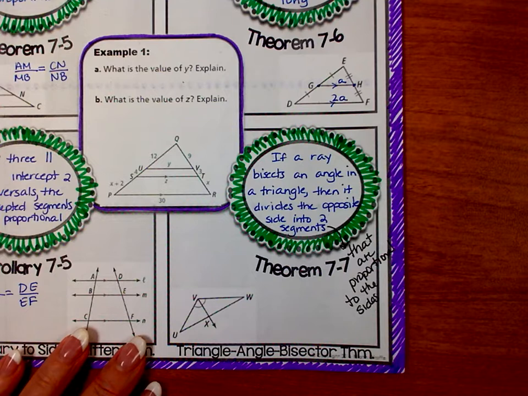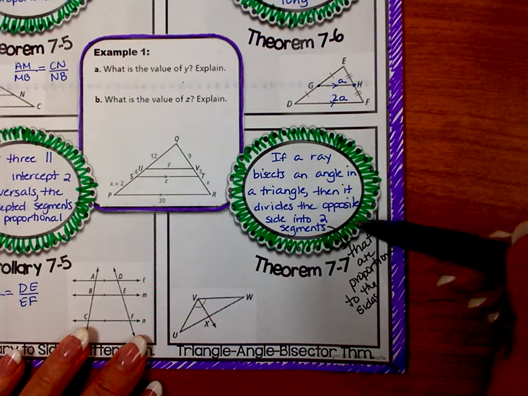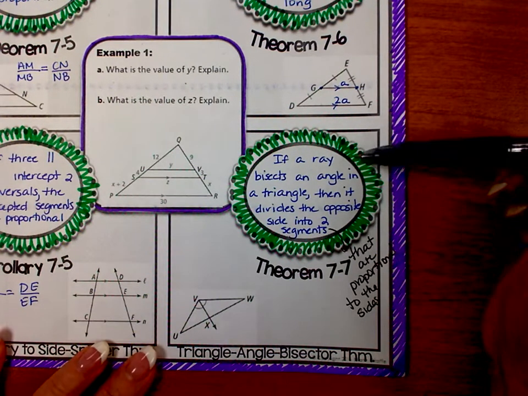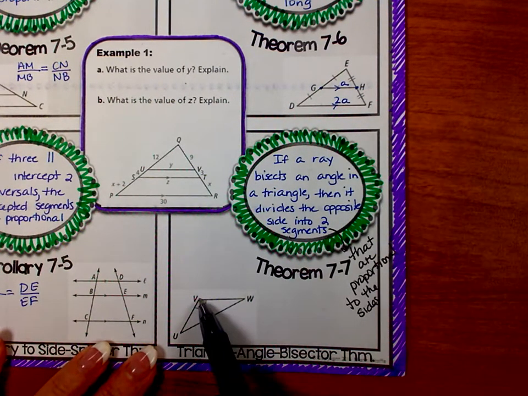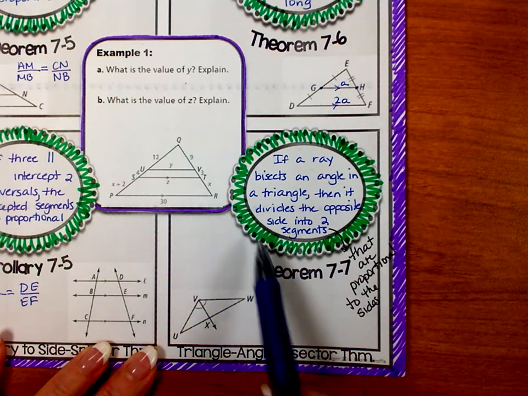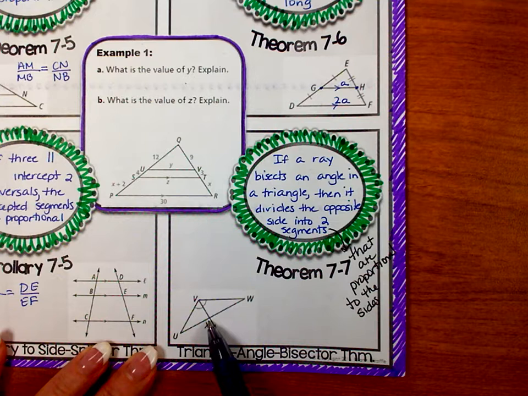Okay, and the last one, Theorem 7.7. This one is actually a little bit longer than would fit in the bubble. So this one says, if a ray bisects an angle, so here's our ray bisecting this angle in a triangle, then it divides the opposite side into 2 segments that are proportional to the sides.